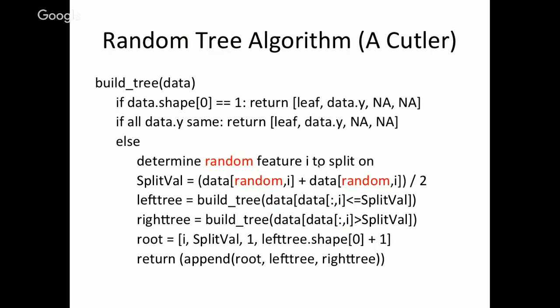The other thing she does is, rather than compute the median and having to sort or run the select algorithm, you just choose a random row, two random rows, grab the feature value out of those rows and take their mean, or just divide them by 2. That's guaranteed to give you a split value that is somewhere, not at the edges of the data, it's somewhere in the middle.